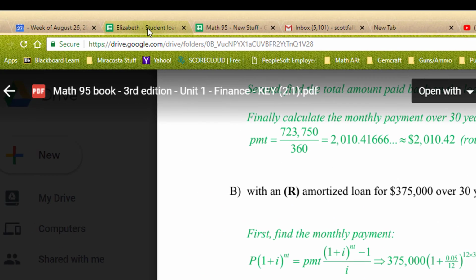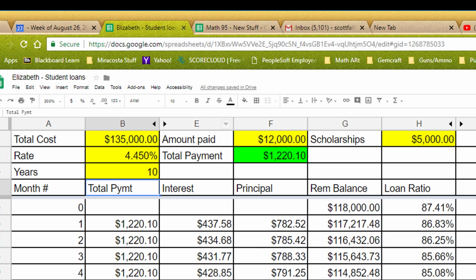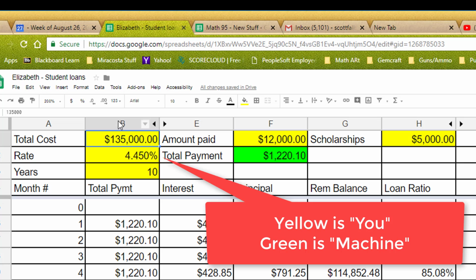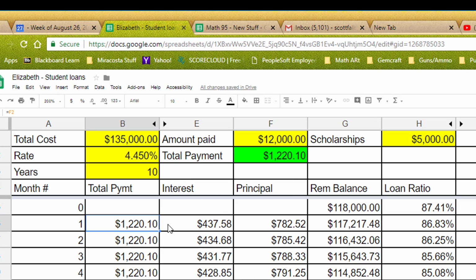Now here's the spreadsheet I made for you. What I did is I took a student loan where you type everything into the yellow boxes. It does all the work for you. You'll notice in the formulas, it takes care of all of the calculations that are needed.